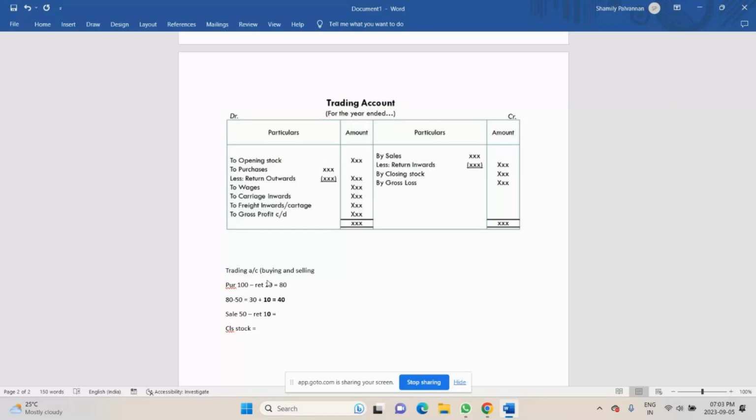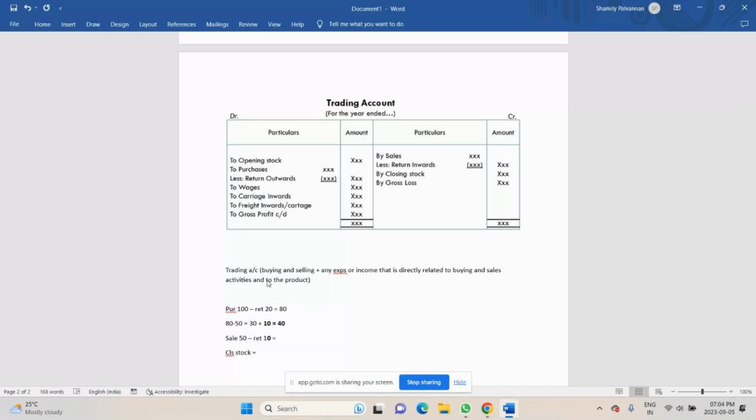Plus any expenses or income that is directly related to your buying and selling activities, or to the product, which is directly related, we will bring here.